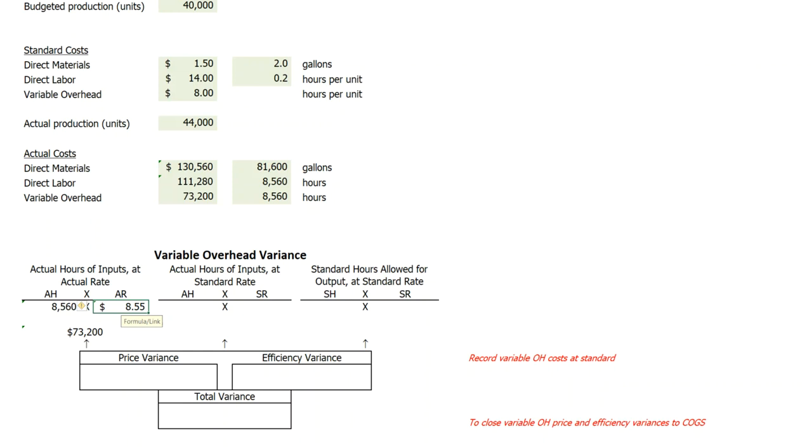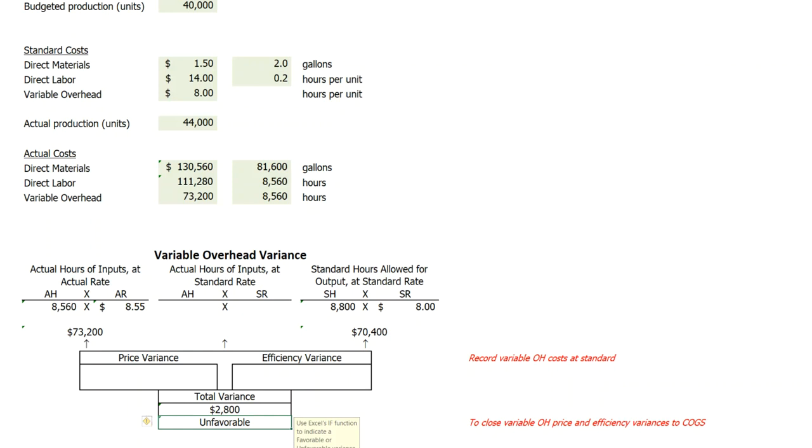Our standard hours allowed would have been our 44,000 units times 0.2 hours per unit. We're applying overhead based on the 0.2 direct labor hours per unit, and we have a standard rate of $8 per hour. So we would have expected to spend $70,400 for overhead. We spent $73,200. We've got a $2,800 unfavorable variance.